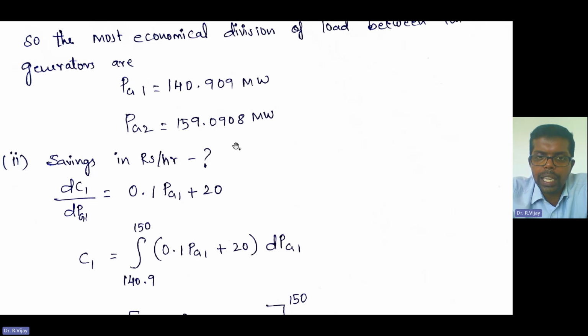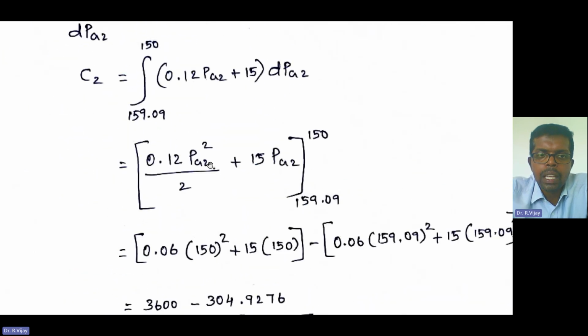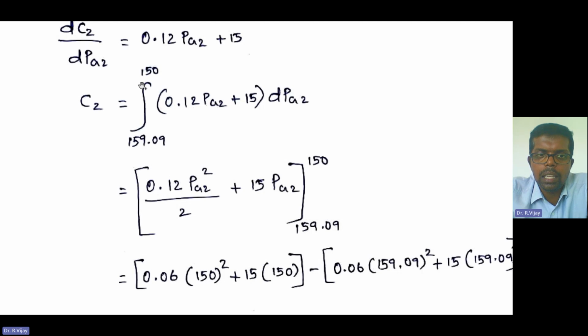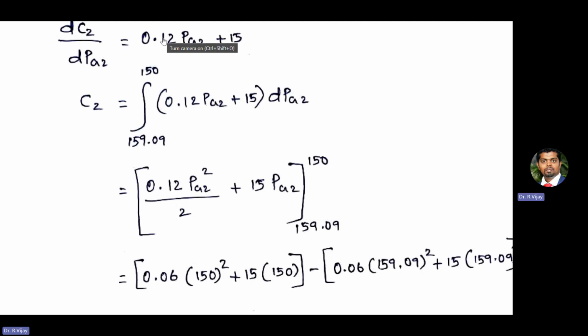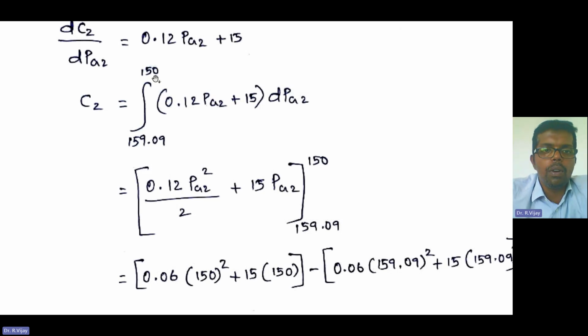Here 150 is because PG1 and PG2 share the load equally, so 300 megawatt divided by 2 is 150 megawatt. So PG2 is 150 megawatt here.